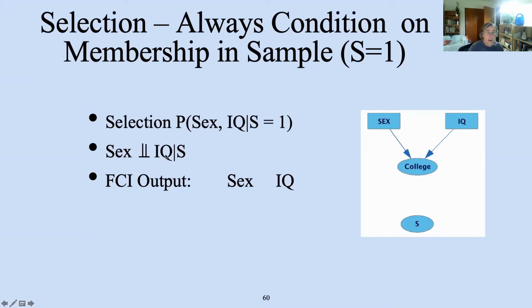So I would have that sex is independent of IQ given S. And FCI would, well, I should say the correct representation of that conclusion is that there's sex and IQ, and they're independent of each other in my sample, and I don't see any connection between them. And that's correct. Sex doesn't cause IQ, IQ doesn't cause sex, and I haven't conditioned on anything which is affected by sex and IQ.